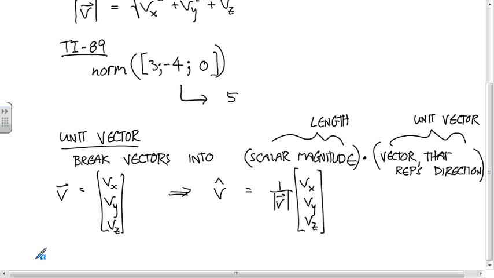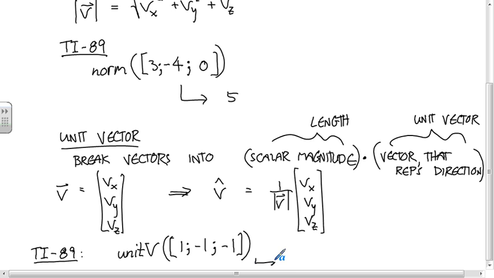In a TI calculator, there's a function that does that. It's called unitV with a capital V. So if you type in the unit vector in the direction of 1, -1, -1, that'll give you the answer.